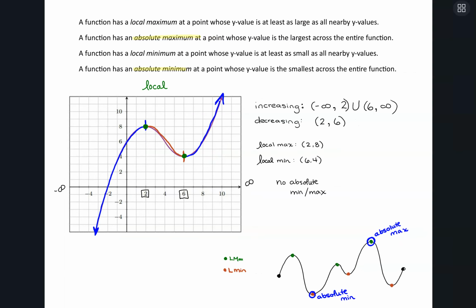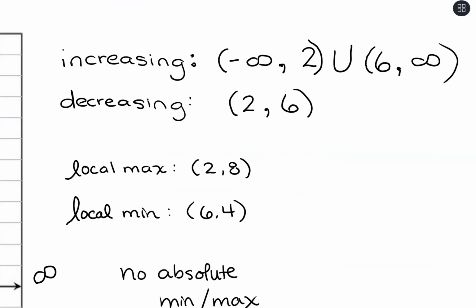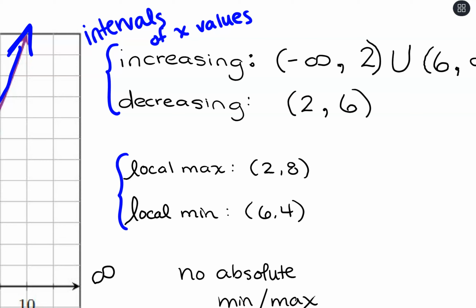So there are some new definitions for us. My little word of warning here is being careful with the notation. So something to keep in mind is that when we're describing increasing, decreasing, we're using intervals of x values. And when we're describing local minimums and maximums, we're using xy coordinates.